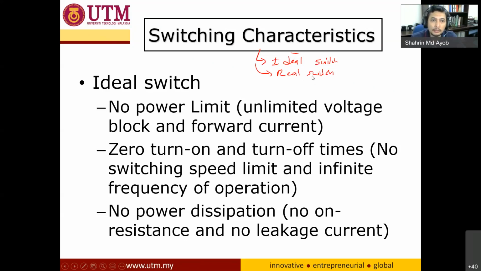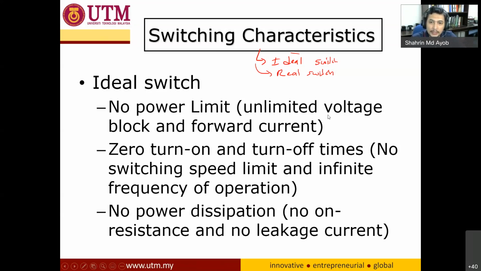So let's go through the definition of the ideal switch. For the ideal switch, we consider that the switch has no power limit, meaning that the transistor, the diode, and the SCR have limitless power: unlimited voltage block and unlimited forward current.